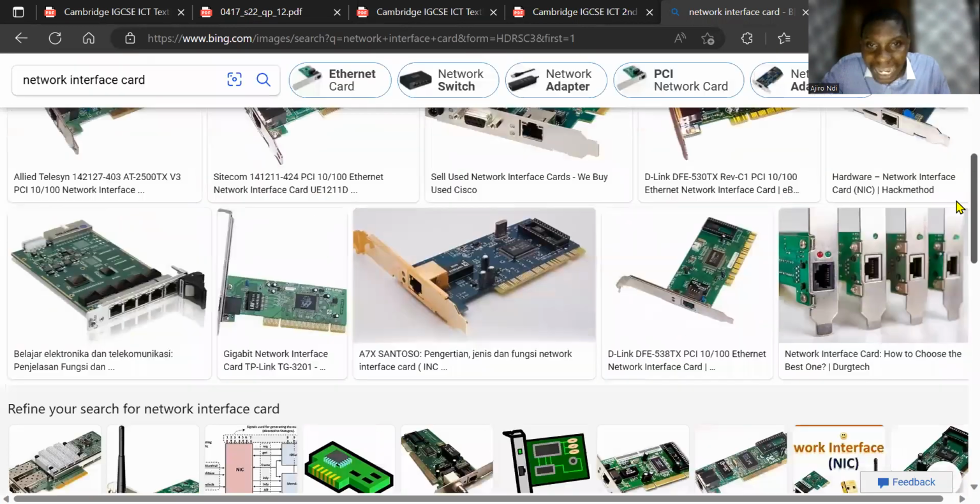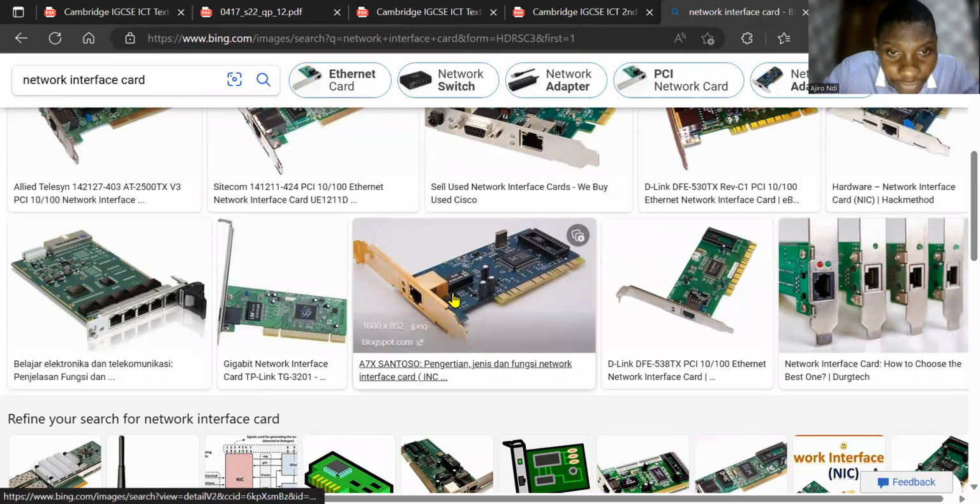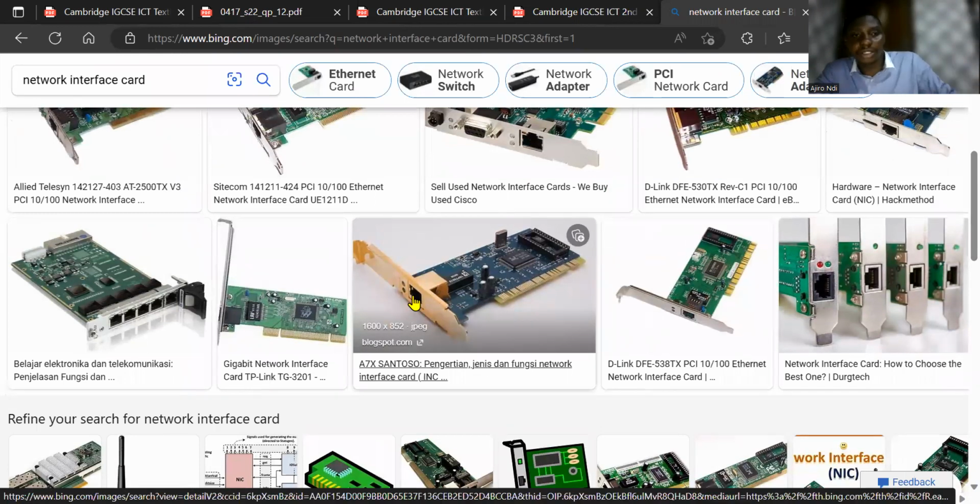But this is basically how the network interface card is. You see this port? This is where you plug in what we call your RJ45, if you want to plug your Ethernet cable to it.